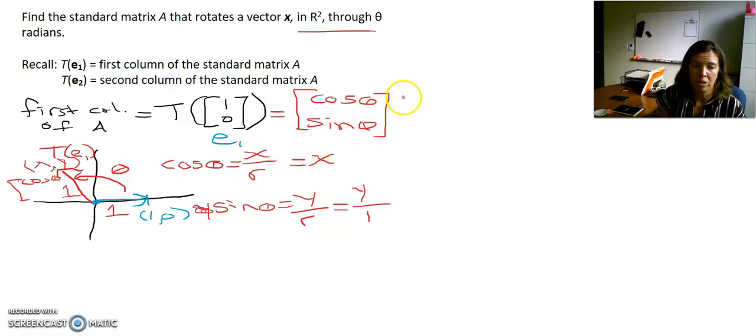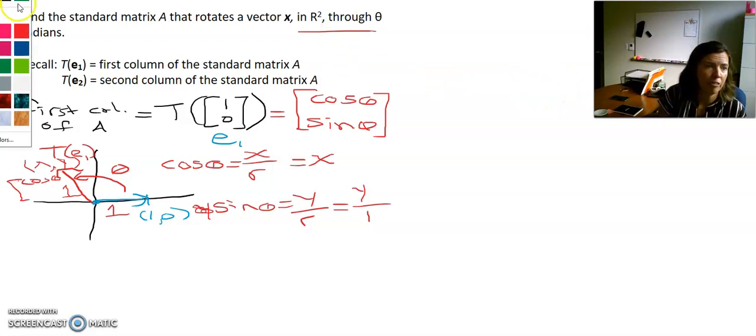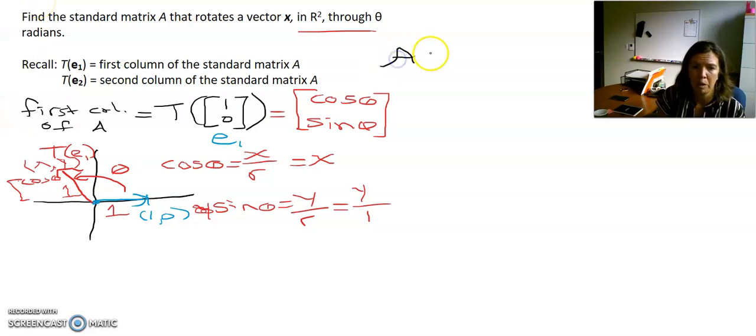So you can generate the first column of A using these coordinates. I'm going to build my matrix A up here. The first column is going to be cosine theta, sine theta. You rotate theta radians, you end up with this point, cosine theta, comma, sine theta. So that's your T of E1.